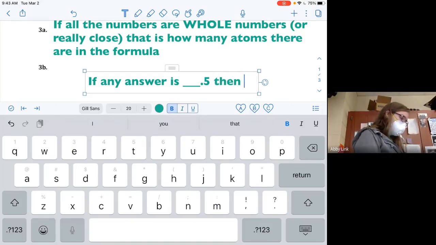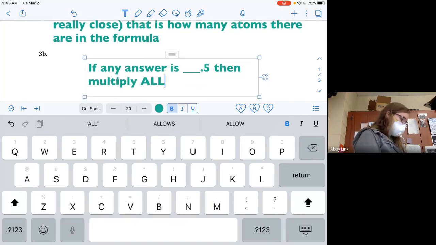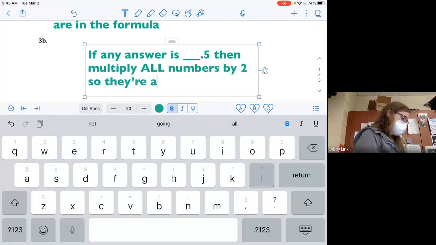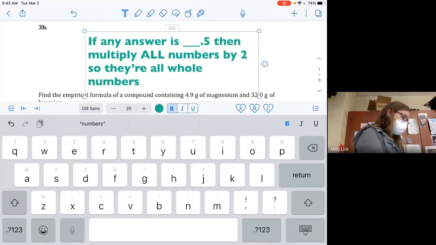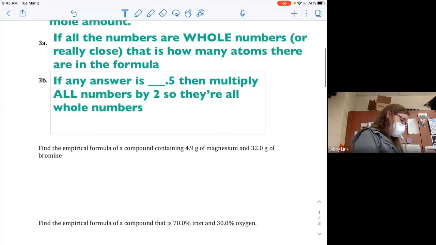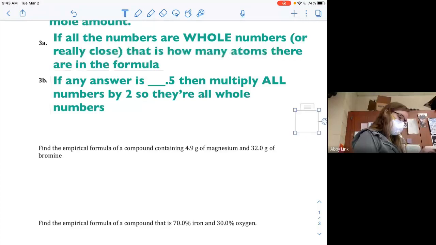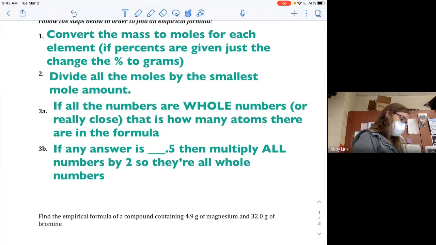Then we have to multiply all numbers by 2, so they're all whole numbers. All right, so what I'm gauging from this is that we cannot have fractions or decimals, whatever way you want to think about it, as subscripts in your formula.